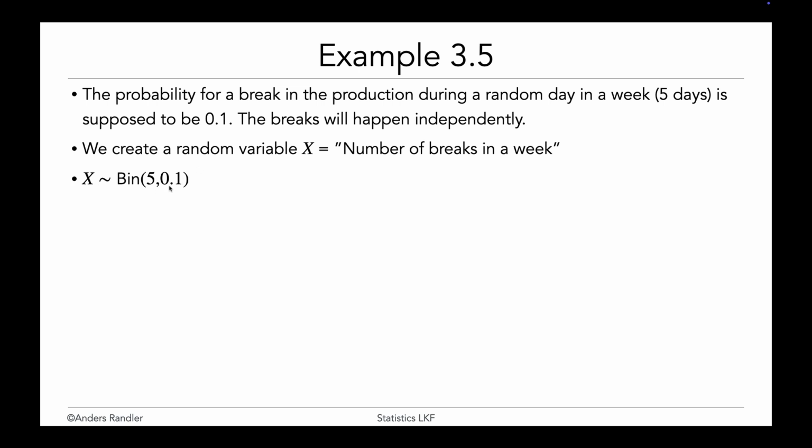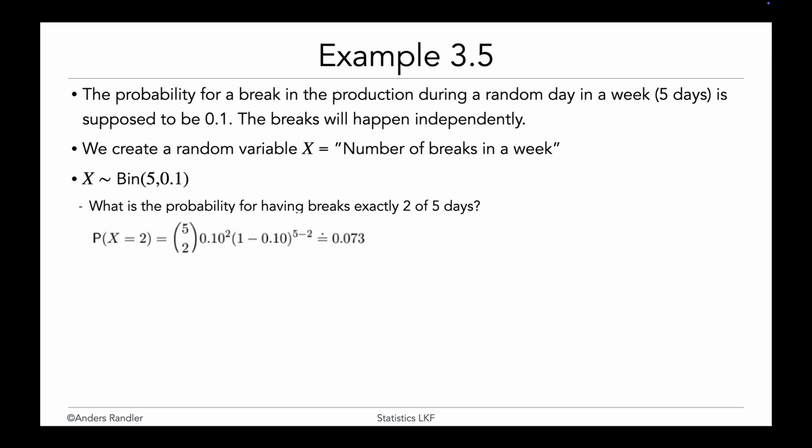So this is what we have. What is then the probability for having breaks exactly 2 out of 5 days? Well, going by the formula, to pick 2 out of 5, you can do that in this many ways: 5 choose 2. And for those 2 that you've picked, we know the probability to have that. So it's 0.1, and it's 2 of them, so to the power of 2.